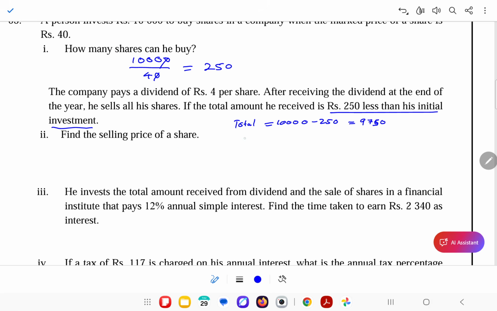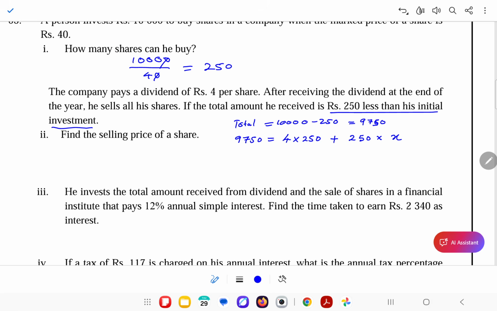So that is made up of what? That is made up of the dividend, which is 4 per share. He had 250 shares, so 4 into 250, plus he is selling each of the shares, so 250 into x. x is the selling price. That's what we want to find.